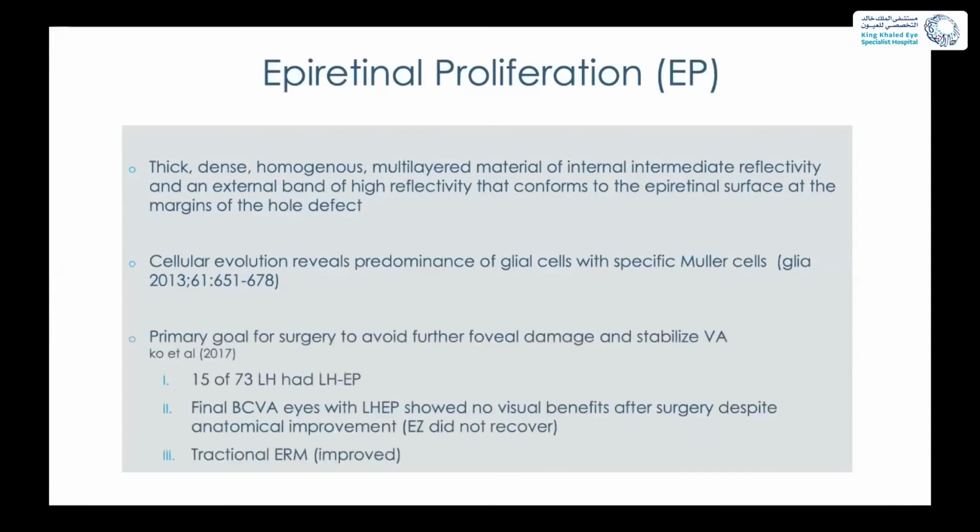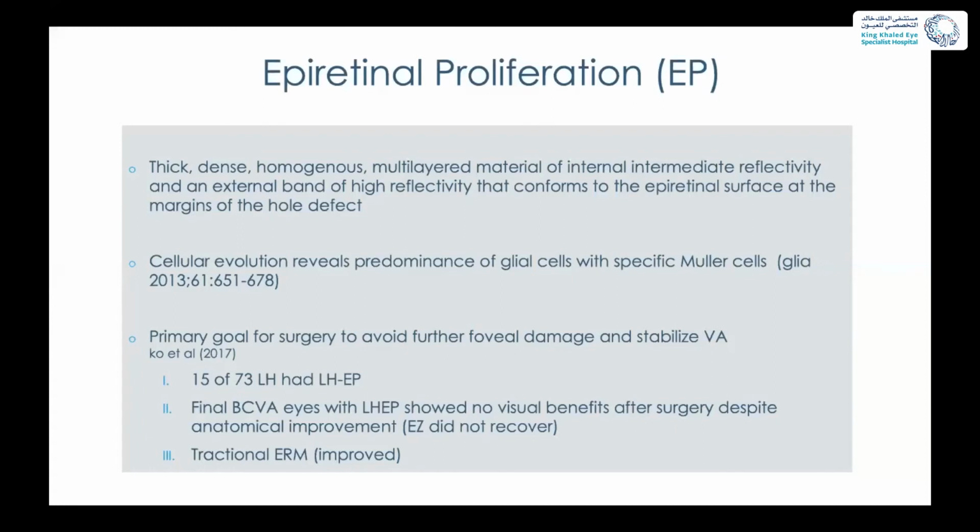The primary goal for surgery in patients with epiretinal proliferation, either with lamellar hole or with full thickness macular hole, is to avoid further foveal damage and stabilize visual acuity. Because, as we said, there is a high prevalence of ellipsoid disruption. So if we have patients with progressive ellipsoid disruption, this is the indication for surgery.